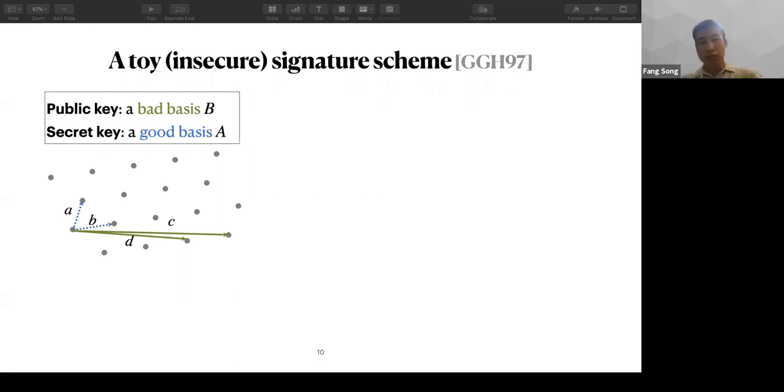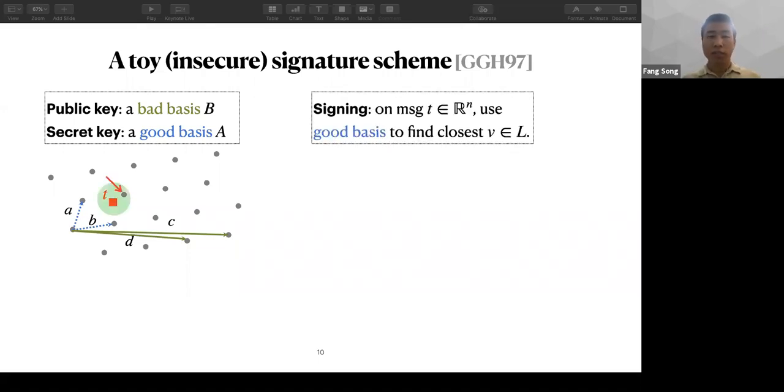Now, once we have this public key and secret key at hand, in order to sign a message, which we interpret as a target vector T, okay?